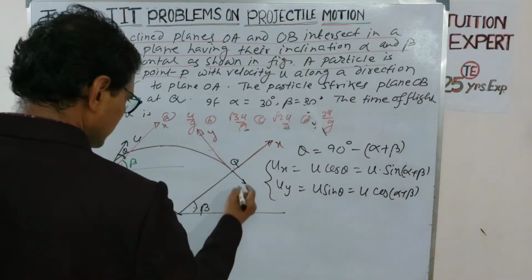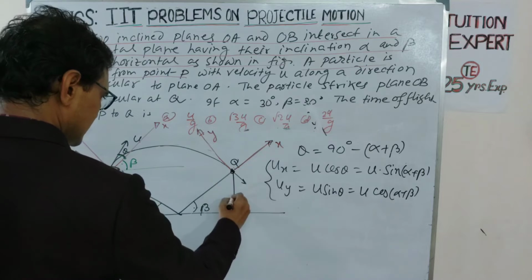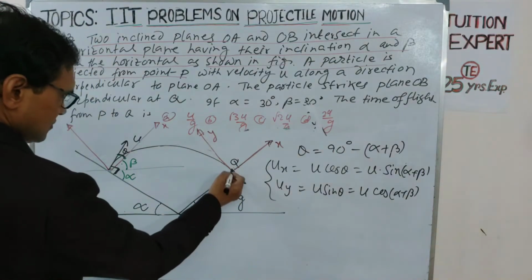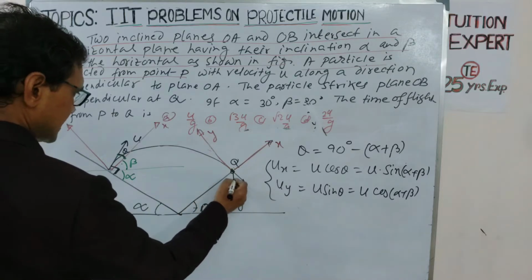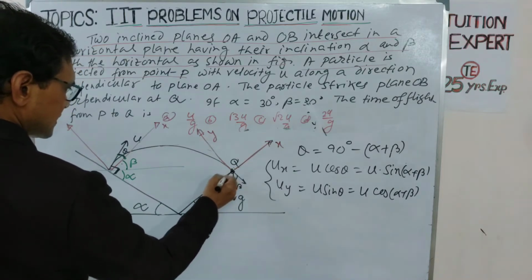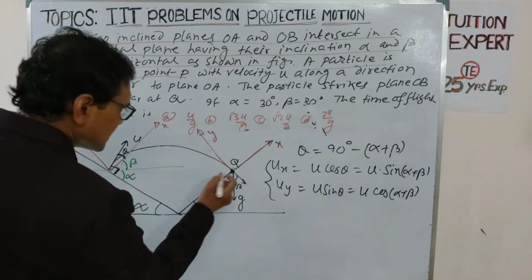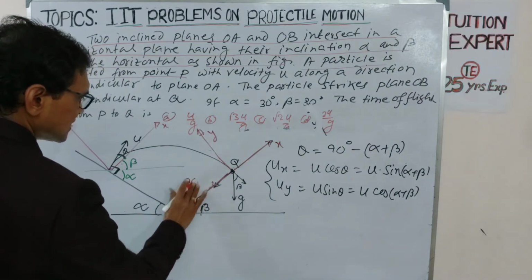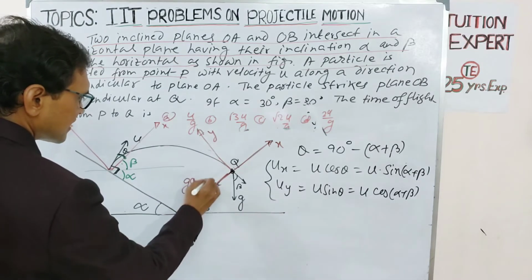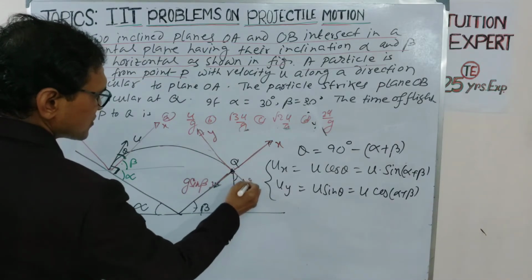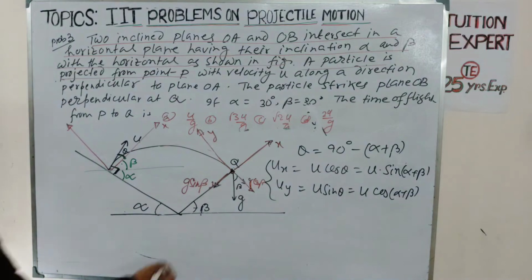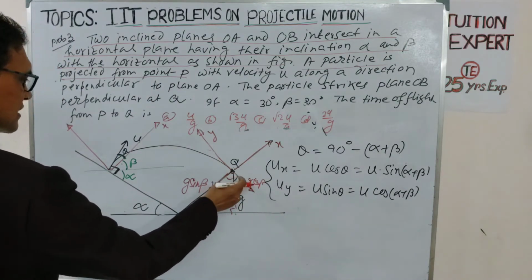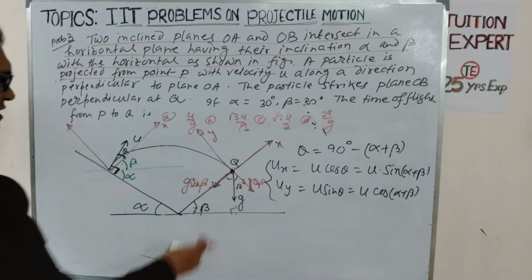Also if we resolve the acceleration components along x and y, this angle is beta, and this is g sin beta, and this is g cos beta. We know that if this angle is beta, then this is 90, this is 90 minus beta. So this angle is beta.